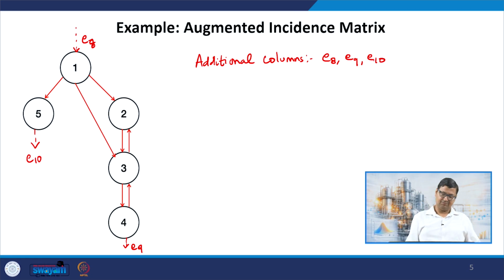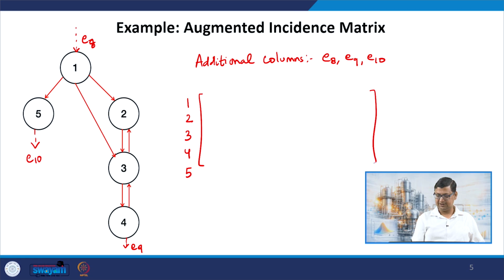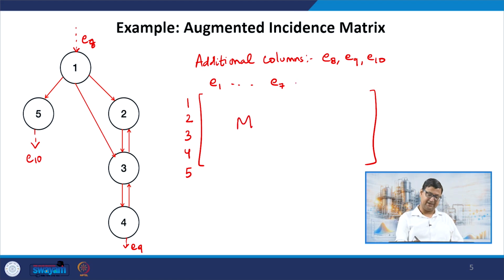So we will have again the vertices 1, 2, 3, 4, 5, and we will have the edges. So E1 to E7 will remain unchanged. This is my matrix M, and then I have E8, E9, E10.